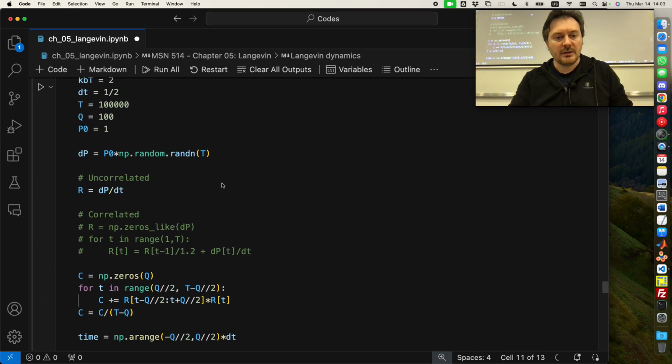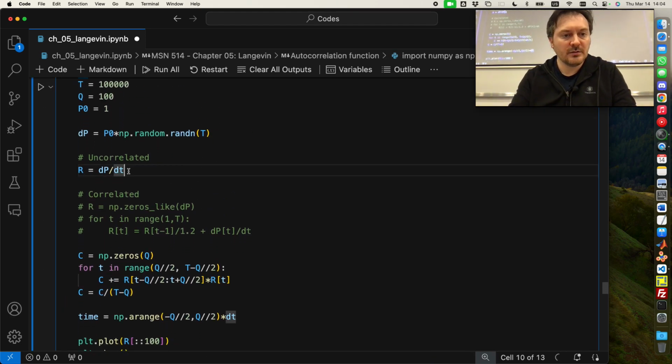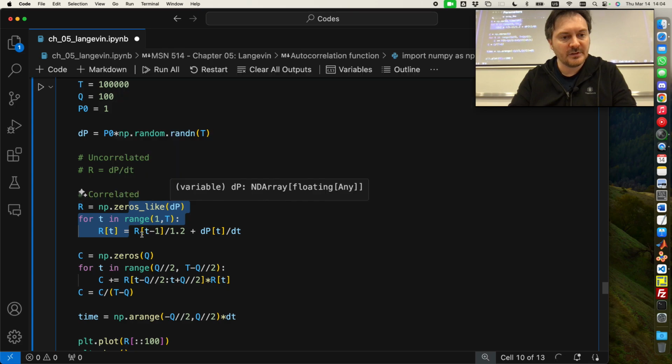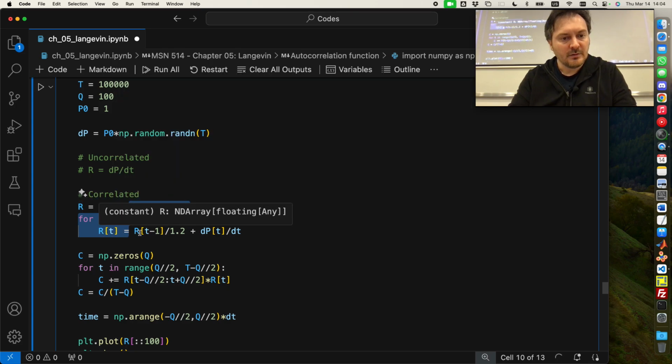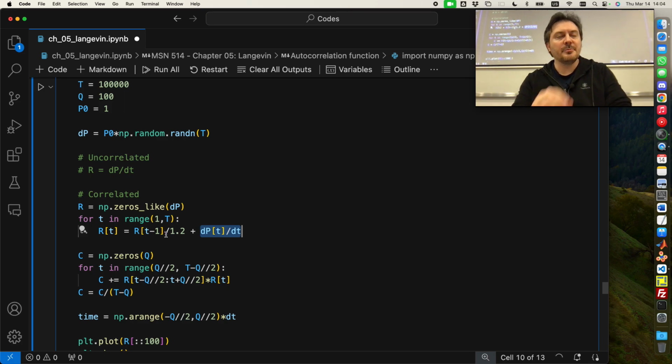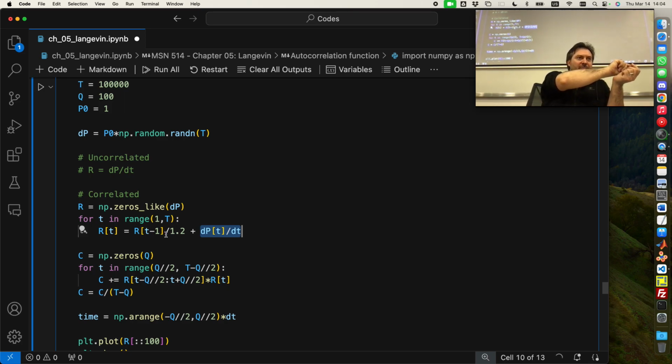Okay? But now let me comment it out, and I start with all zeros in R, but this time, instead of just saying that R_t is directly equal to dP over dt, I add a bit of the previous force to this force.